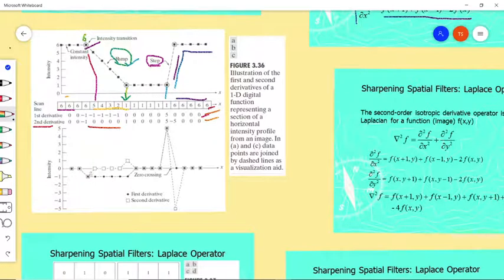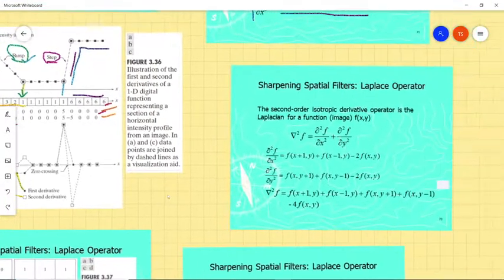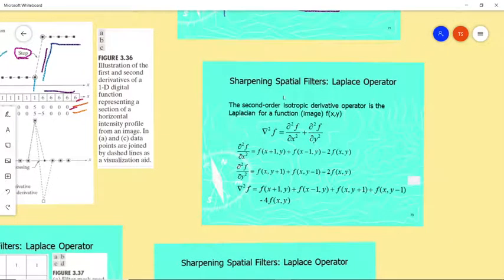See, the empty squares are the second order derivative, these are the first order derivative, and these are the first and second order derivative both. So this is the plotting of the graph for the first order derivative and second order derivative of the intensity pixel values. We call it a scan line. So this is the basic thing for sharpening with the spatial filter of the image.